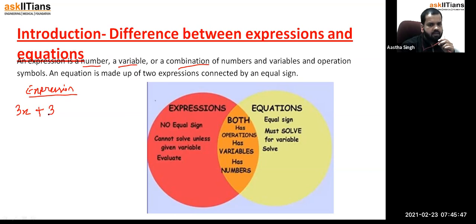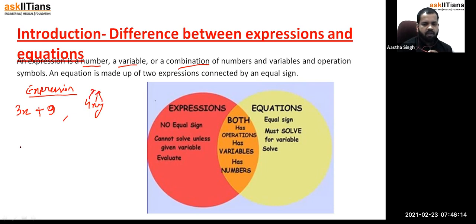Like plus is there. Then suppose this is 9, otherwise you will be confused by 3x there. So 3x plus 9 is your expression. I think that the point is clear, right? Also 4xy can also be there. It is a combination of your number, your variable, right?